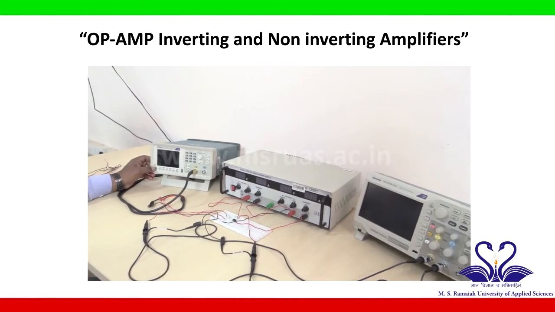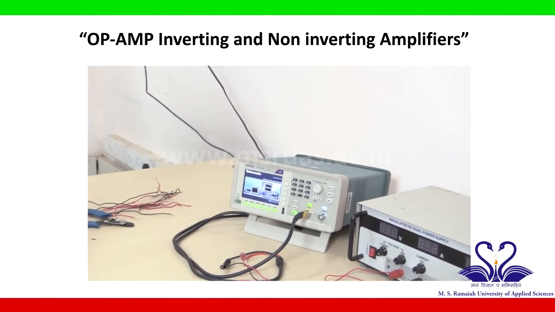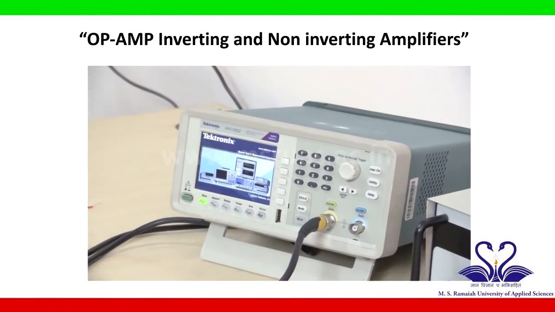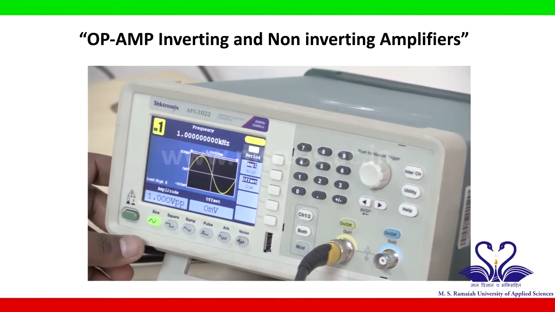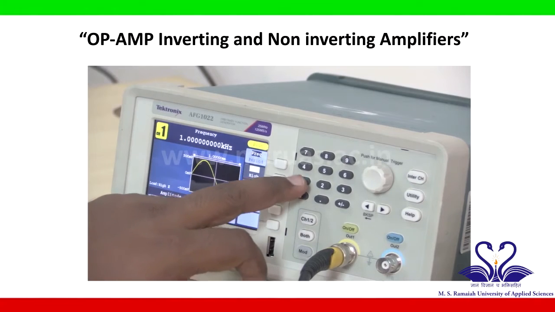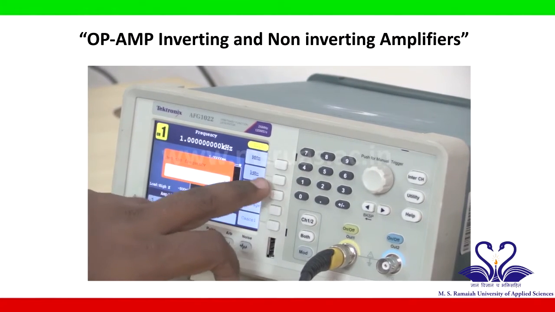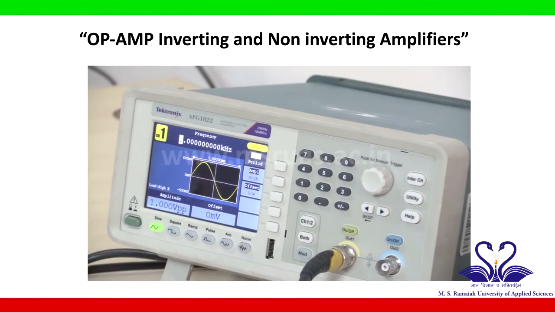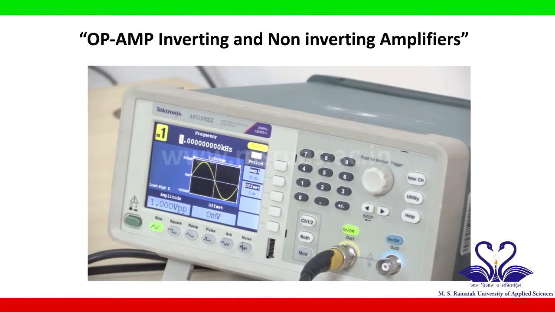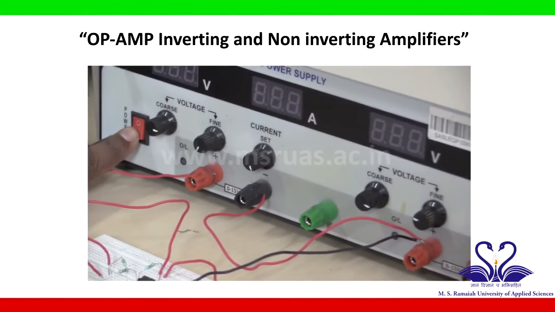Turn on the function generator. Apply input as a sine wave, amplitude 1 volt, 1 VPP, and frequency 1 kilohertz. And now turn on the DC dual power supply.